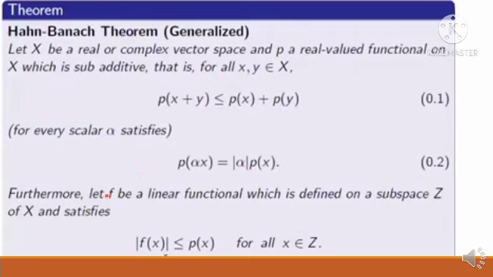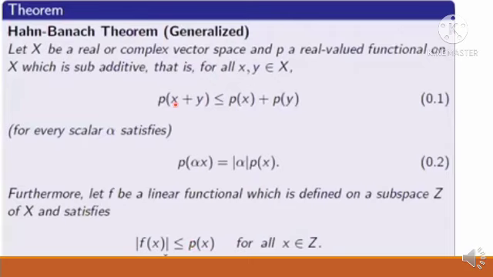Furthermore, let f be a linear functional which is defined on a subspace Z of X and satisfies the absolute value of f of x is less than or equal to p of x, that is, the given linear functional is bounded above by p of x.